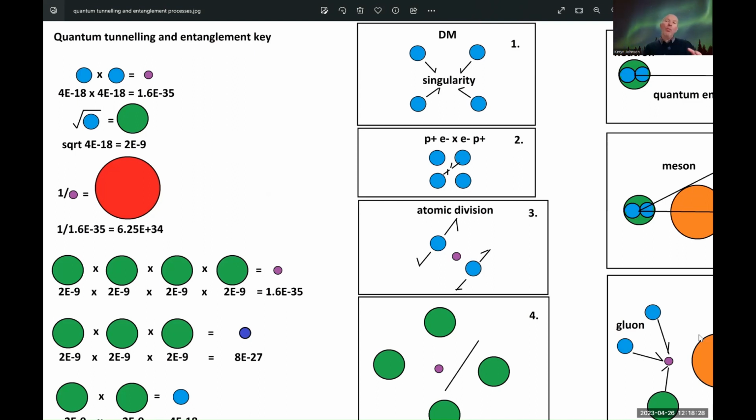So what this model allows you to do is explore relationships between different scales. And it offers a solution for the cosmic microwave background and Hubble expansion. It offers solutions for the 1836 relationship between the electron mass and the proton mass.